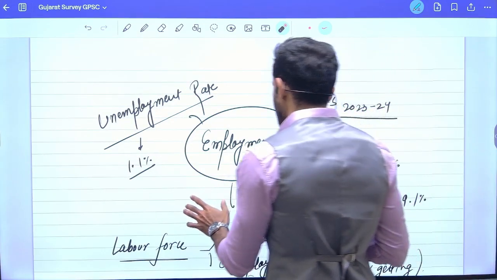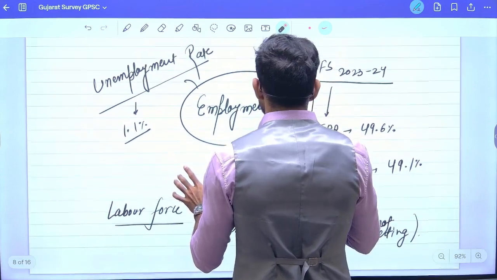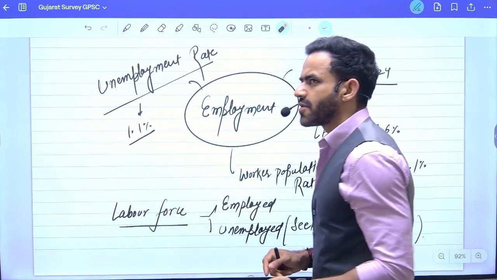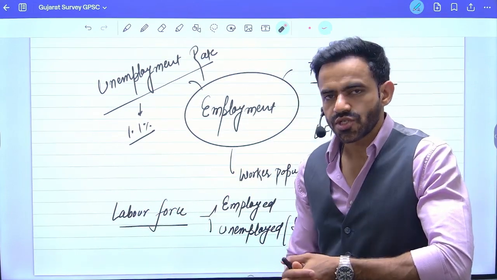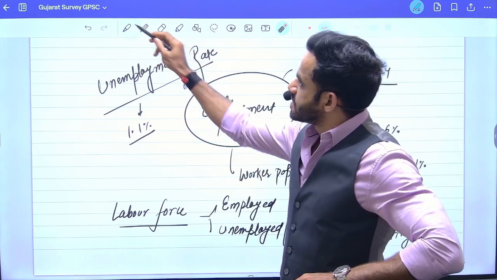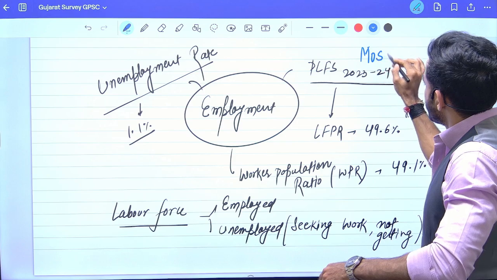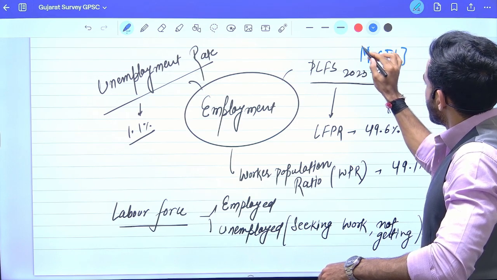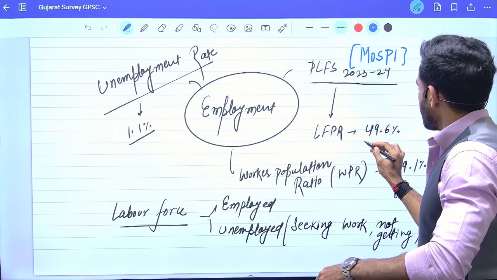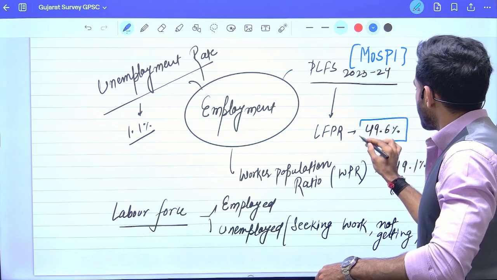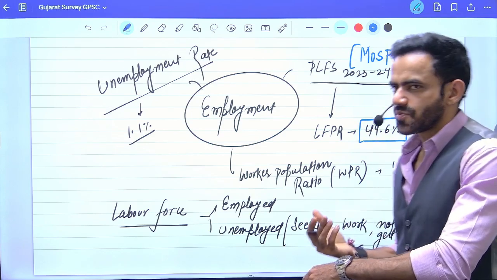Now coming to employment level. As per the Periodic Labour Force Survey, this survey is by the Ministry of Statistics and Programme Implementation, that is MOSPI. As per this survey, the labor force participation rate in Gujarat is 49.6%.